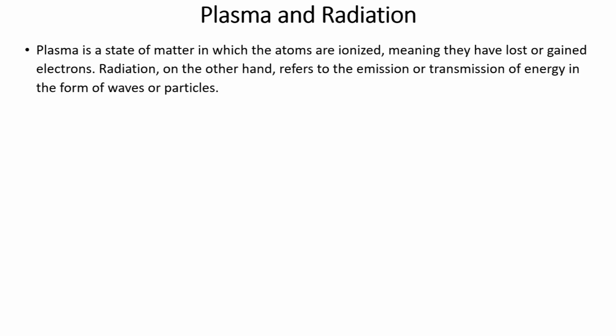Plasma is basically electrons and ions, whereas radiation refers to the emission or transmission of energy in the form of waves or particles. So plasma is a state of matter, but here the energy is transferred because of the movement of very high speed or high energy particles. This is the main difference between plasma and radiation.